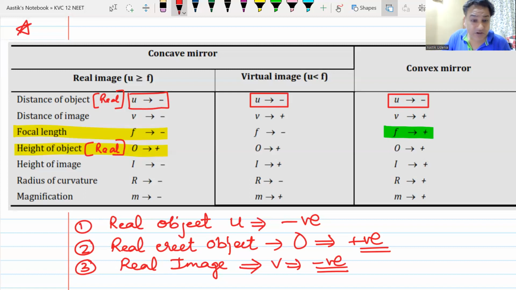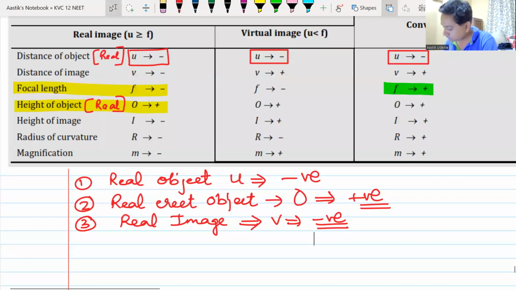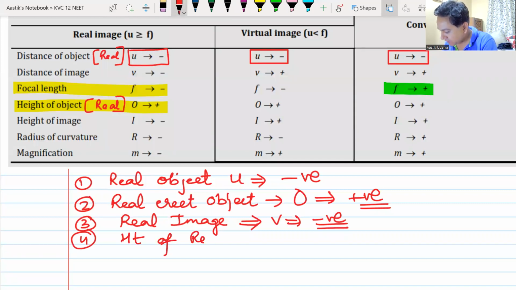A real image is always inverted. So the height of the real image, h i, would be negative.